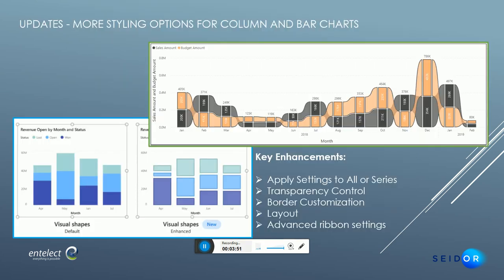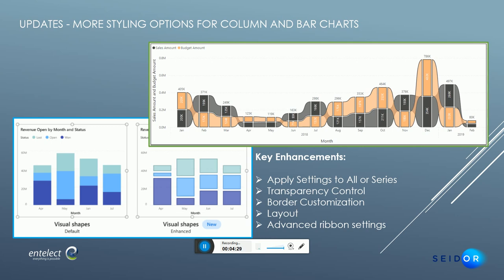Now, looking at our update section, the first item is the more styling options for column and bar charts. There has been some enhancements that have been taking place. This is one of the updates that came up in the December release of the Power BI updates. And some of the key enhancements to just take note of is that you can now apply settings to your series in terms of applying transformations such as borders, shadings to enhance the visual that you are using, whether it's a bar graph, or a column chart.